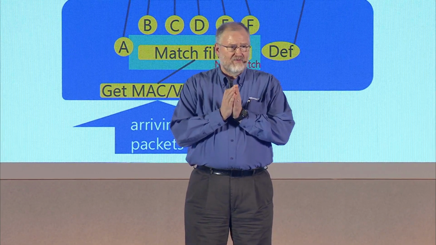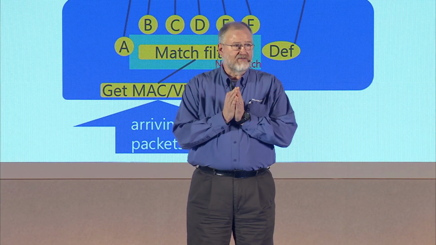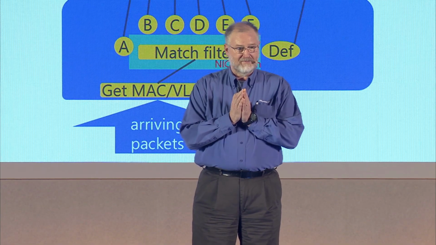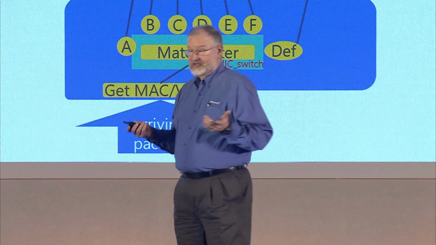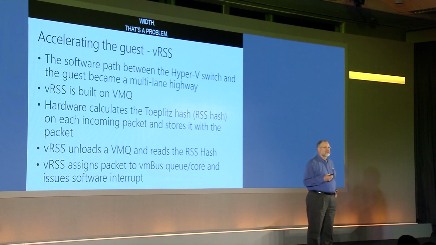One queue, one processor at that time, could handle about 3 gigabits per second. If you have 170 VMs sharing about 3 gigabits per second, none of them are getting very much bandwidth, are they?